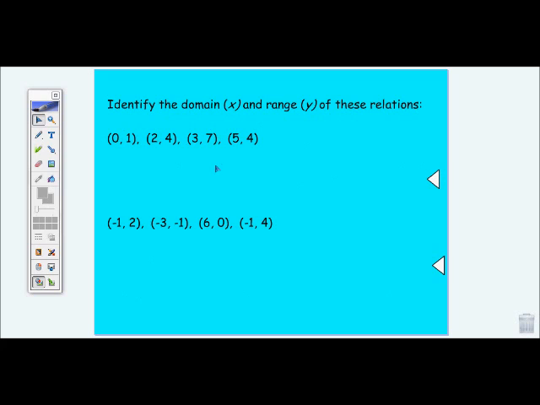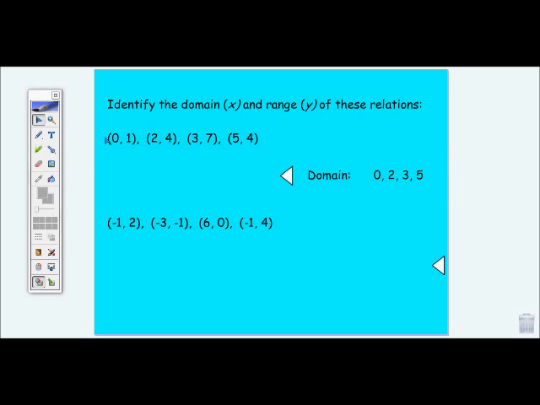Now, identify the domain, which is x, and the range, which is y, of these relations. What we have here are 4 sets of coordinate points. When we're talking about coordinate points, the first point is the x value and the second point is the y value. So all of the x's would be the domain.